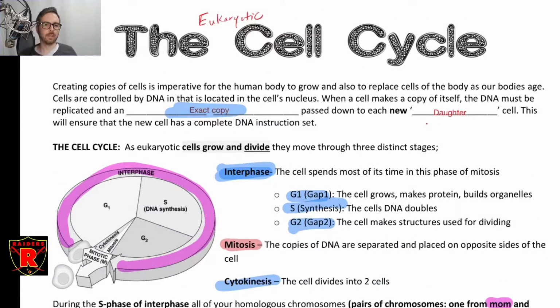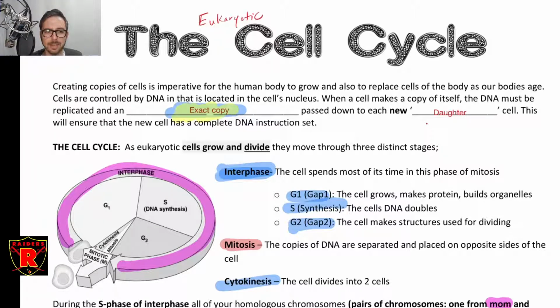So, like I said, we're going to review the process of mitosis. Remember that the purpose of that process is to build an exact copy of your DNA and separate out that copy, where one copy is going to go to one daughter cell and the other copy goes to the other daughter cell. We've just gone over how complex DNA is and how long it is, so it's not the simplest process.